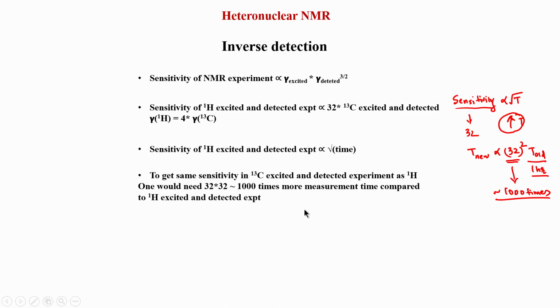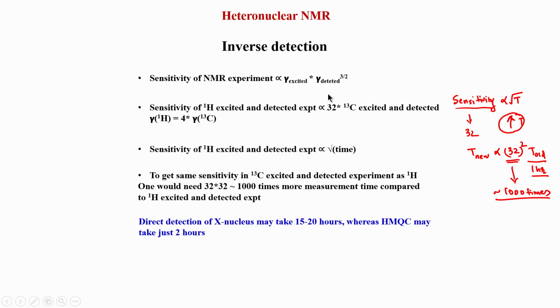So, most of 2D NMR is based on what is called inverse detection. Inverse detection means we are not directly detecting the carbon, we are detecting it indirectly. We start from proton, go to carbon, come back to proton and detect the proton.